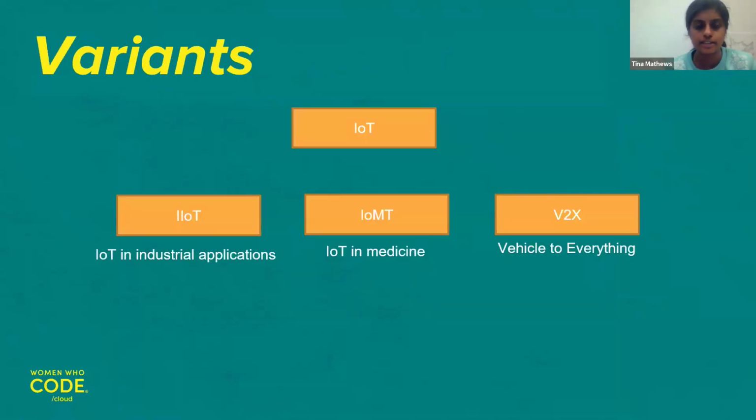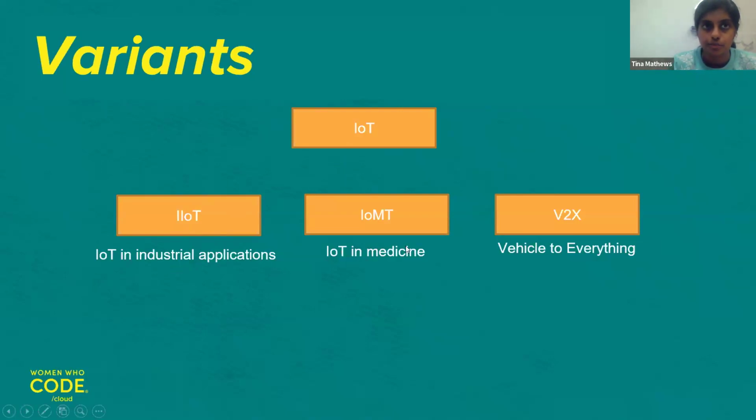So for IoT, you can see that there's a lot of variance. It could be, in the case of an IIoT, in industrial applications, as I mentioned earlier, for safety and maintenance, or it could be in medicine. In industrial applications, we require safety and maintenance. That is the most important thing, so the standards are adhered to that. But in the case of medicine, we need reliability.